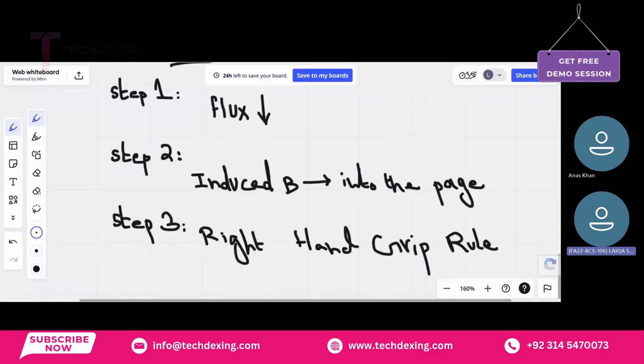So in this case, the induced magnetic field is into the page. You have to simply point your thumb towards the screen, and the curl of your fingers will give you the direction for the induced current. Are your fingers curling in the clockwise direction or anti-clockwise?